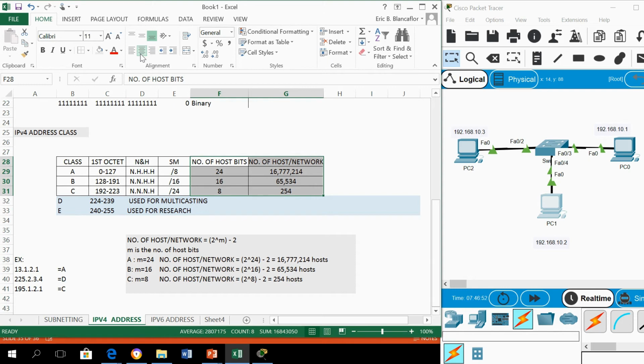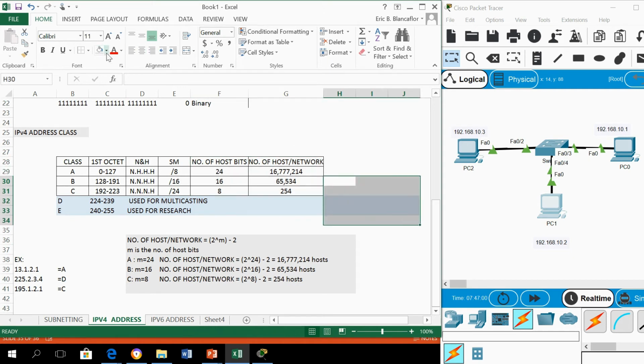It may also still appear in the certification exam, so it's very important that you know this IP address class very well. So I'm done with this part. I'll move on to my next board.